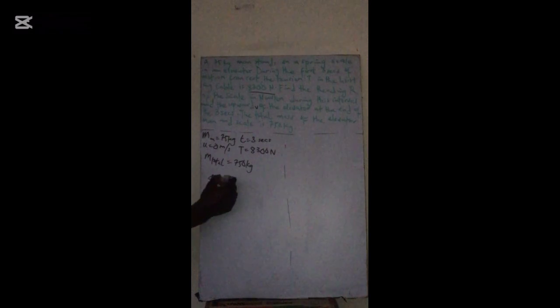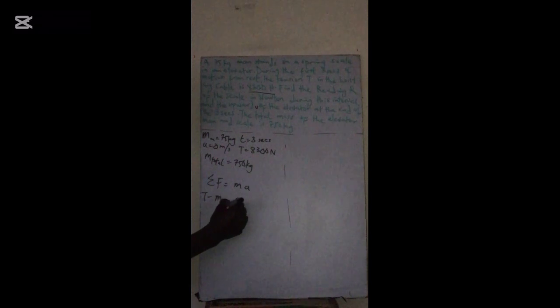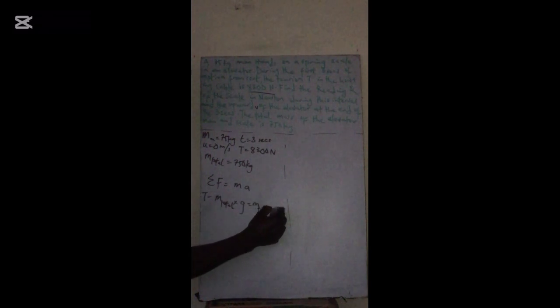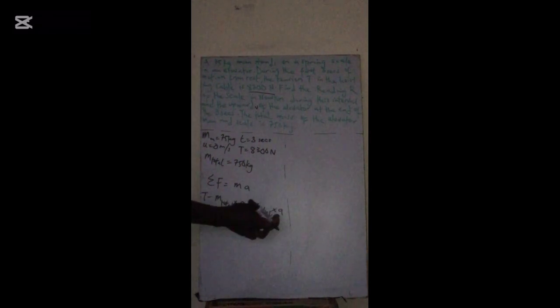We'll have the sum of F is equal to m a. But now I think we are dealing with total. So we are going to have the tension minus the total mass, similar to the first one, it's just the same, very simple, multiplied by the gravity, equal to m total multiplied by the acceleration. Using this, we get the acceleration here.